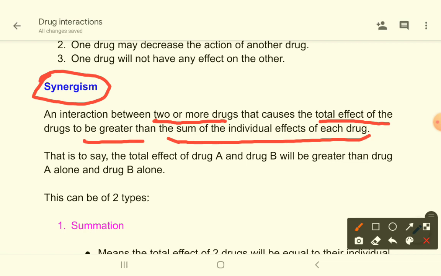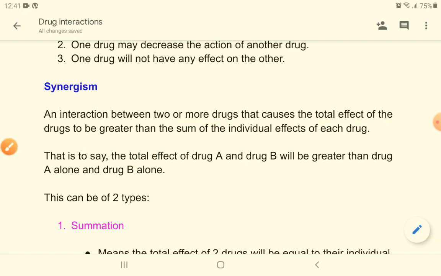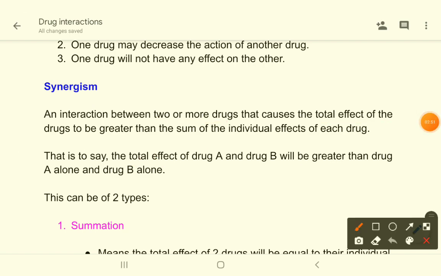That is synergism. Now with synergism, you can say that the total effect of drug A and B will be greater than drug A alone and drug B alone. Just understand this simply. If you are giving drug A alone and drug B alone, drug A will produce its effects and drug B will produce its effect separately.